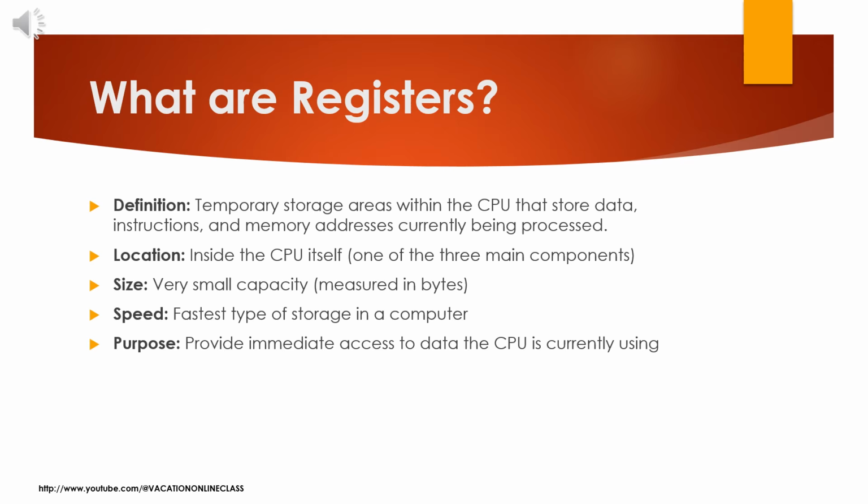They are much faster than your RAM or your hard drive. The main purpose of a register is to provide the CPU with immediate access to information by keeping the most important data right where the processing happens. Registers ensure the CPU doesn't have to wait for information to travel from slower parts of the system.